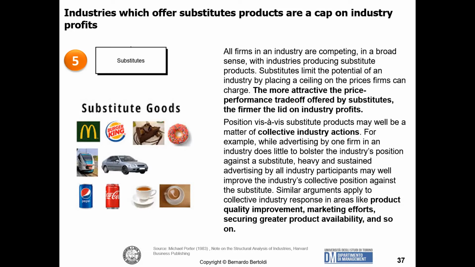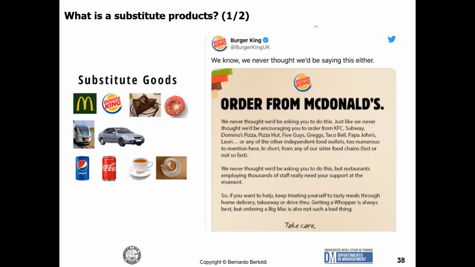We had a clear example during the COVID pandemic, when Burger King, in a way of doing a smart marketing campaign, but anyway showing the way in which this company acts in terms of being in the same industry, made a statement saying order from McDonald's.